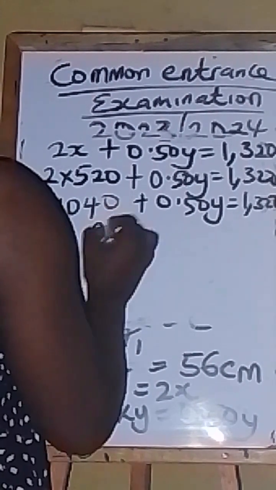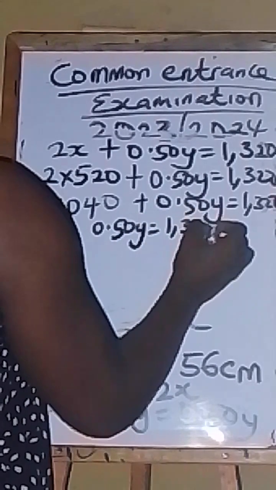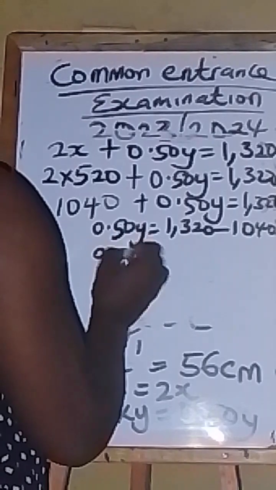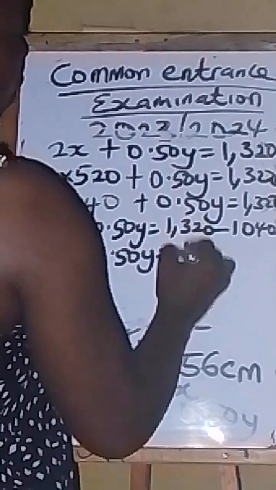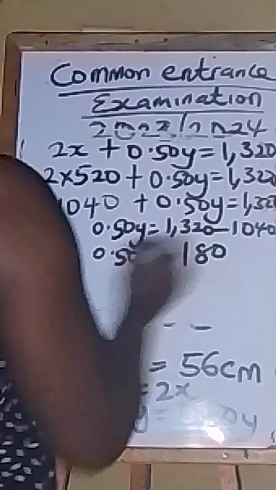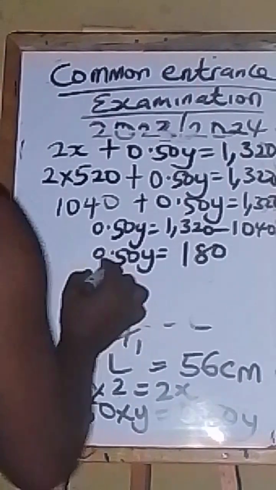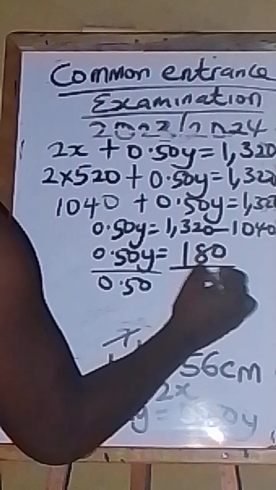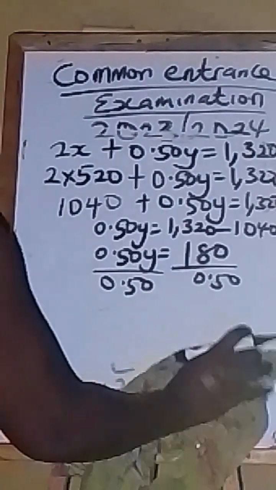We have 0.50y equals 1320 minus 1040. So 0.50y equals 280. The next thing to do is to divide by 0.50. 0.50 is like writing half.